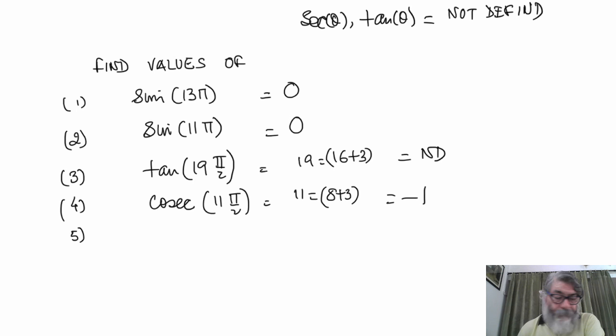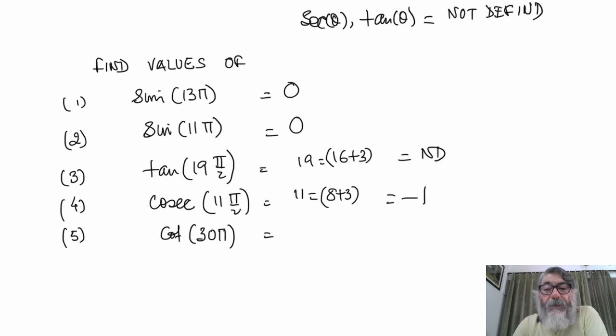Fifth one is cot 30 pi. Now again, 30 pi means it will be falling along the horizontal line. And along the horizontal line, sine is always 0.